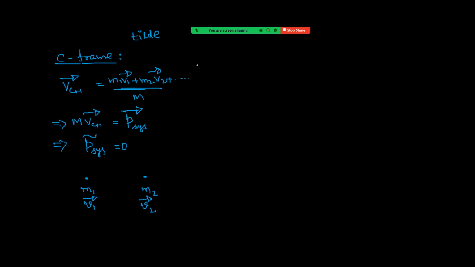For this two particle system, VCM will be, see what we get, VCM is equal to M1 V1 bar plus M2 V2 bar upon the total mass M1 plus M2.